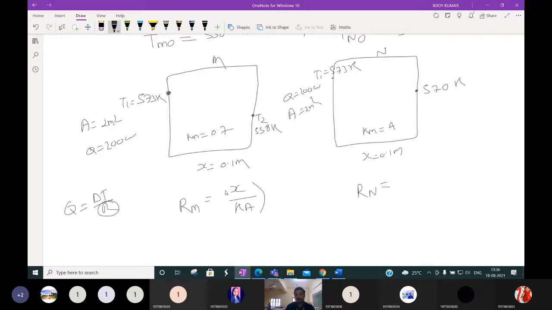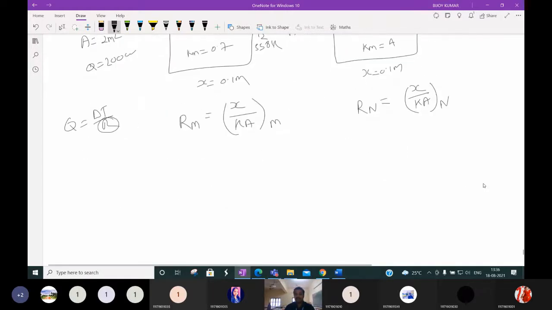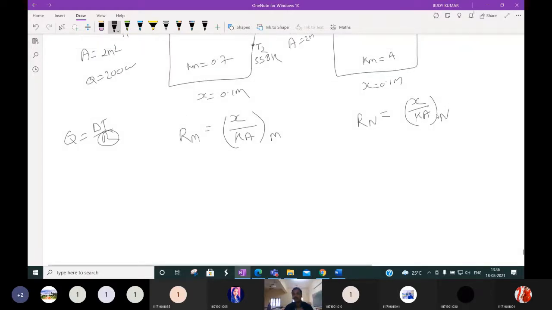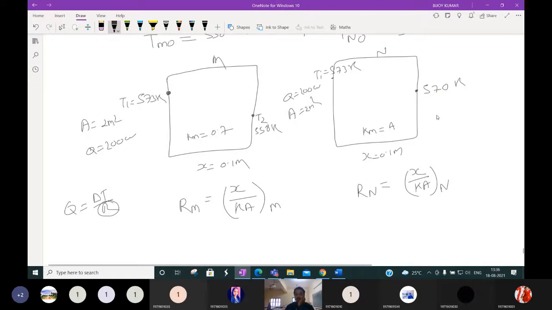So this is all for M. Here also, what will be the resistance value? X by KA, it will be the same for N. Please find out Rm and Rn, and tell me what the values will be.